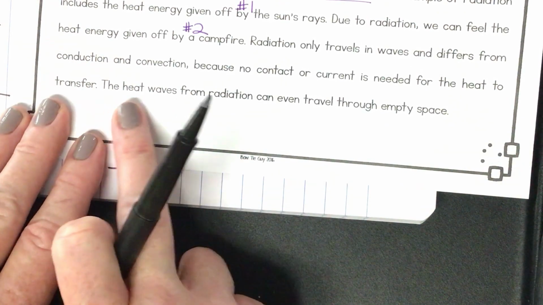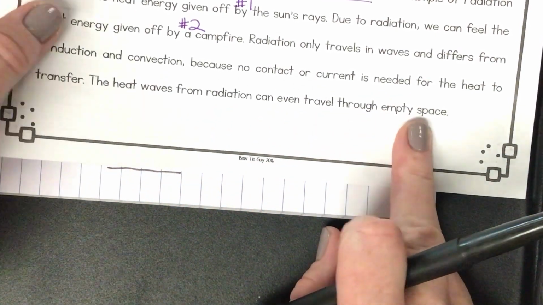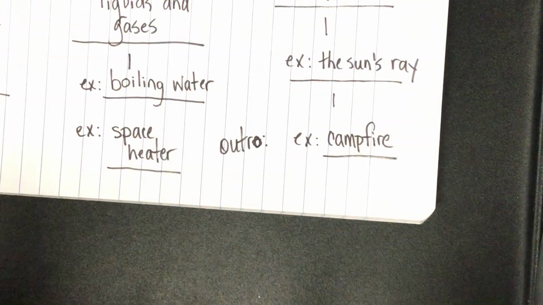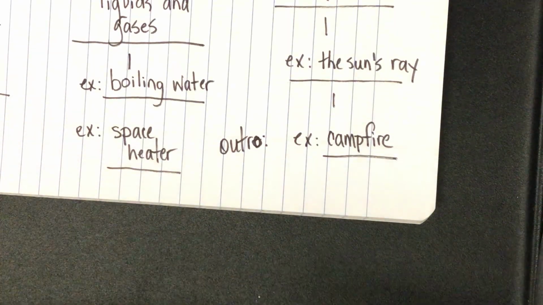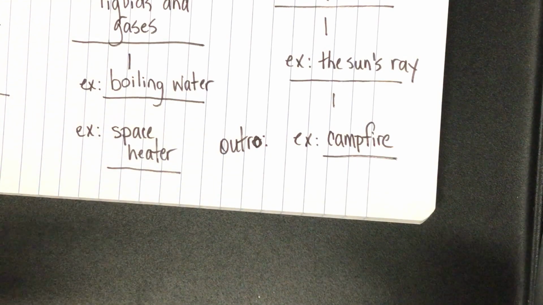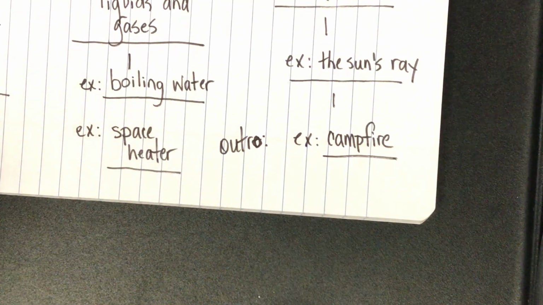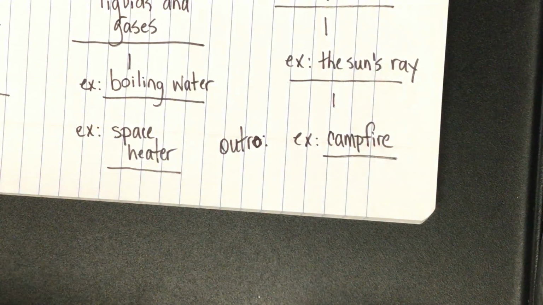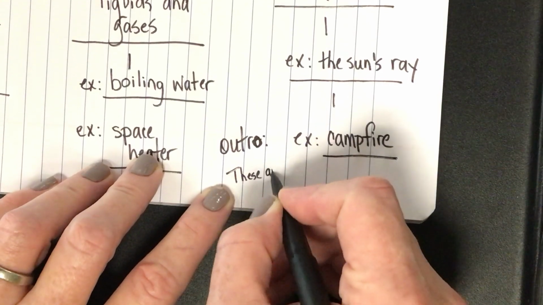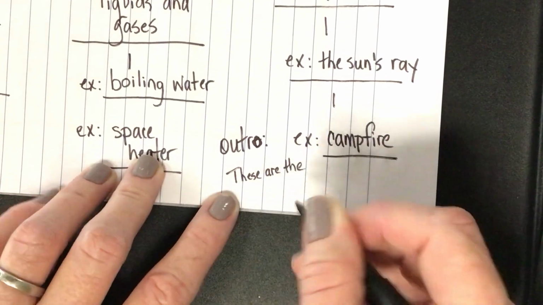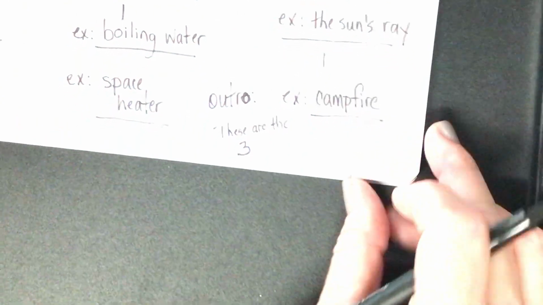Okay, guys, this article, if you notice, they don't have a conclusion. So we don't have to have one. So what I would do, it's going to be so boring, but it will be a conclusion. These are the three ways heat can be transferred. I can write the numeral 3, but in my paper, I would spell it out.